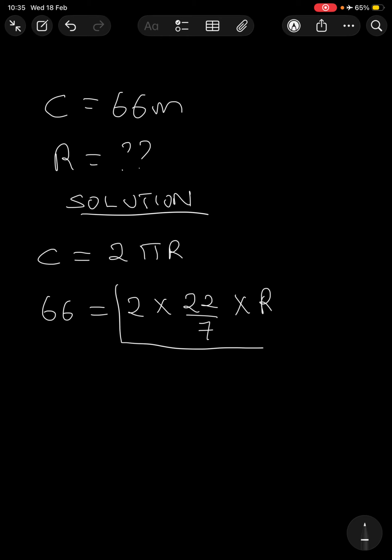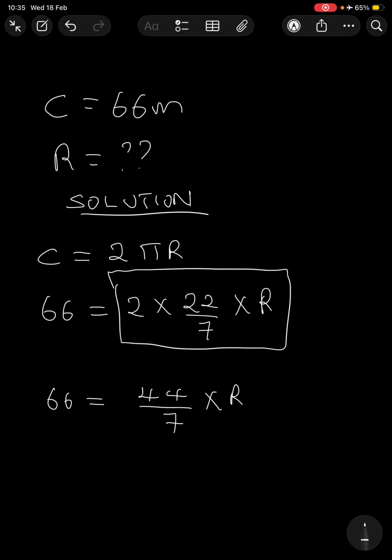We have to work out this part first. So you take 2 times 22/7. So 66 is equal to 44/7, then times r.